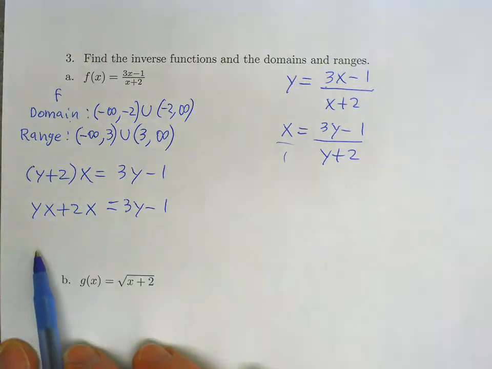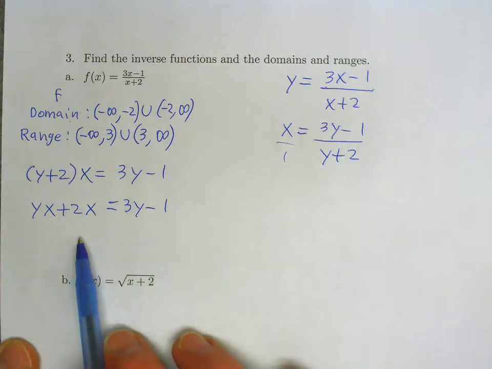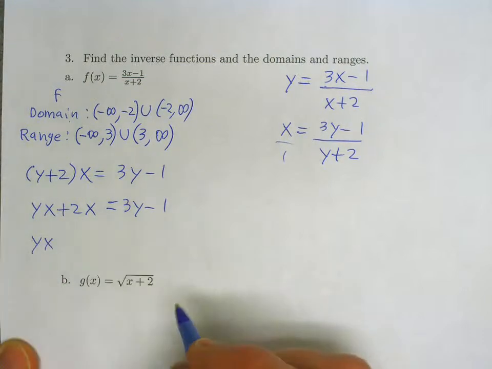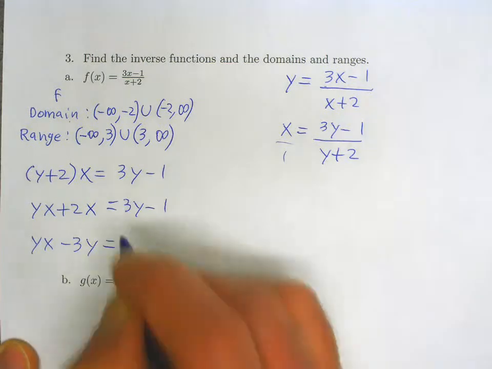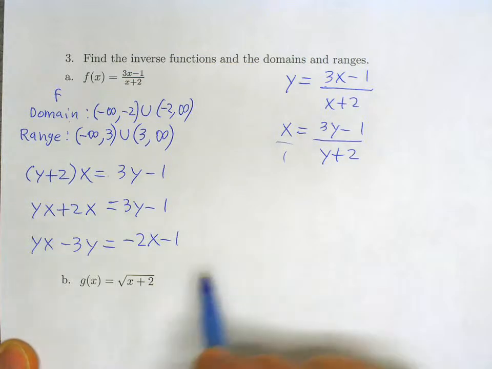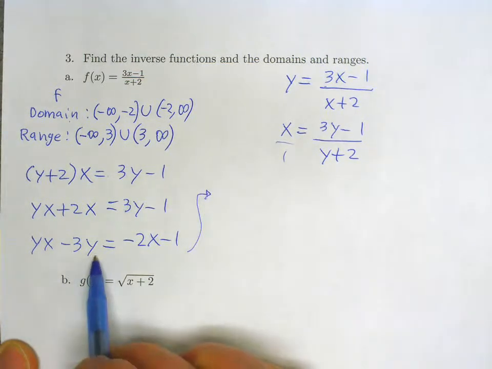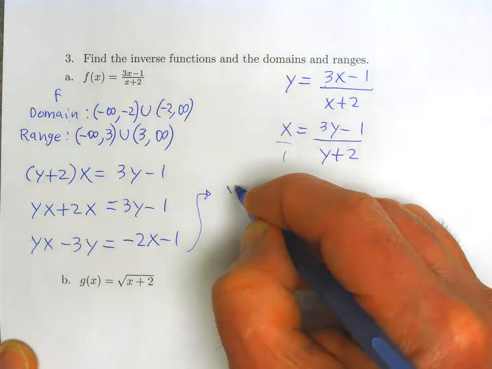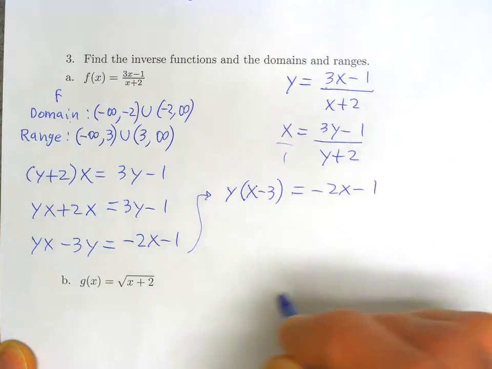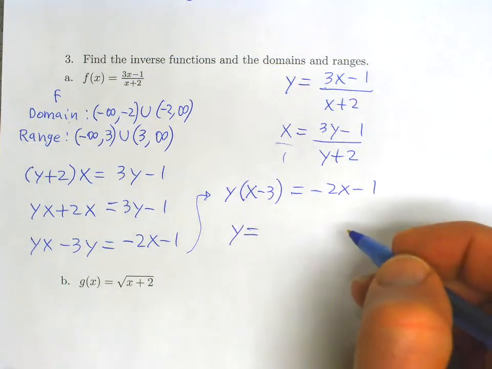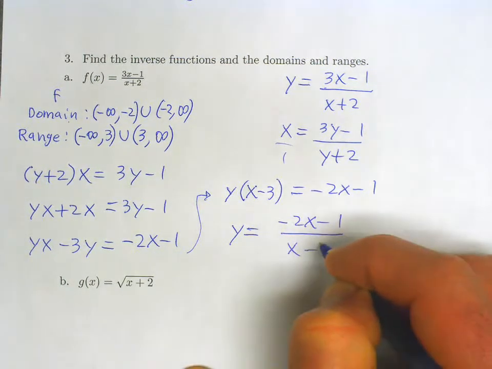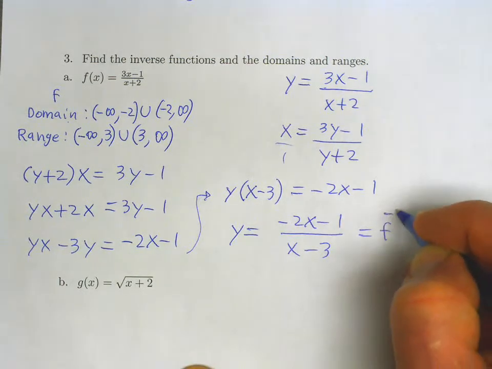Two terms have y in it, and the other two don't have y, so we'll subtract 3y from both sides, and also subtract 2x from both sides. And then factor y out of those terms, so we get y times x minus 3 equals -2x minus 1. And then finally, y equals -2x minus 1 over x minus 3. This is equal to f inverse.